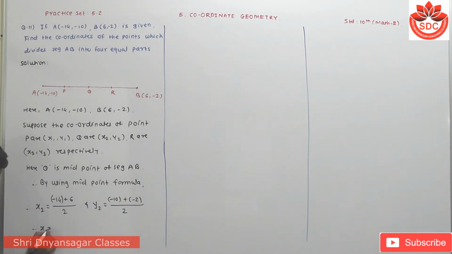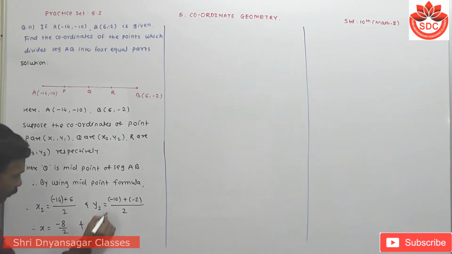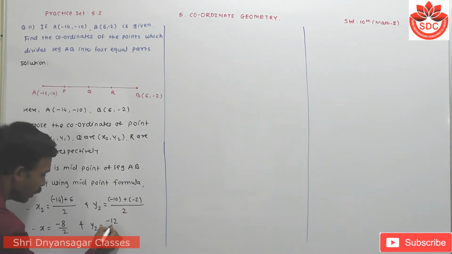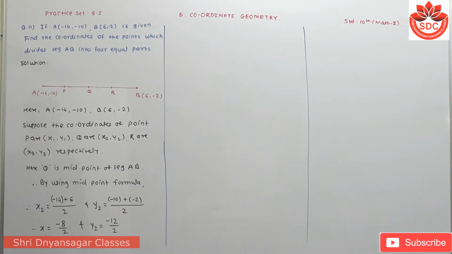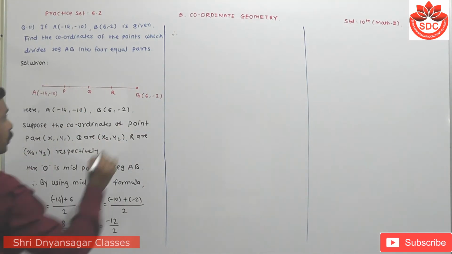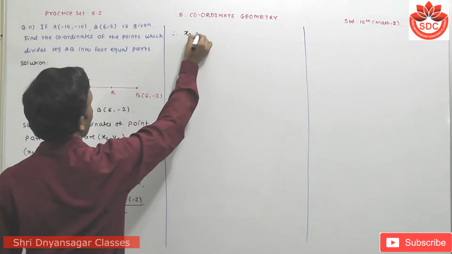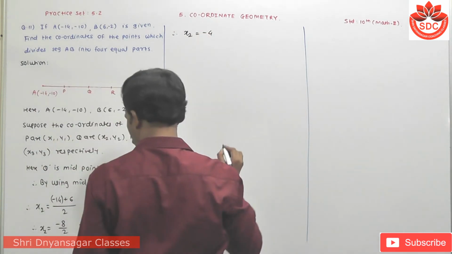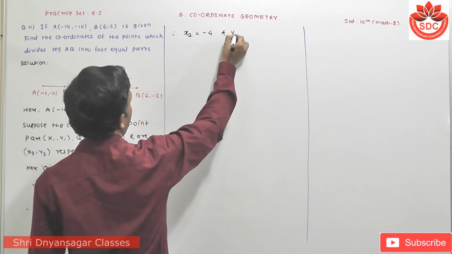This becomes x2 equals -8 upon 2 and y2 equals -12 upon 2. When we divide, we get x2 equals -4 and y2 equals -6.